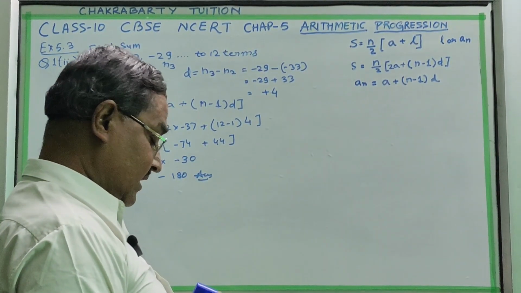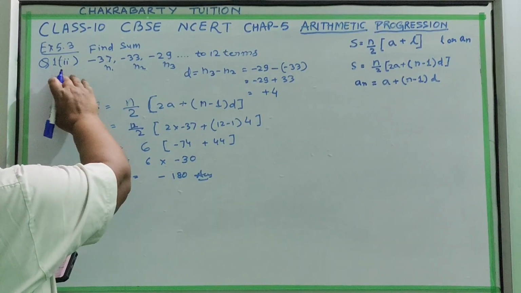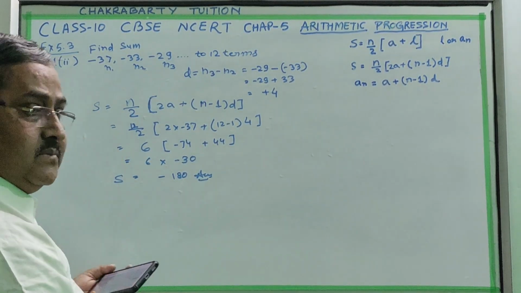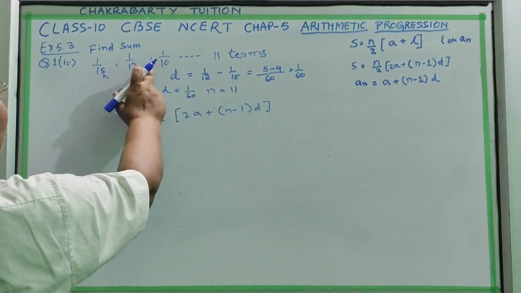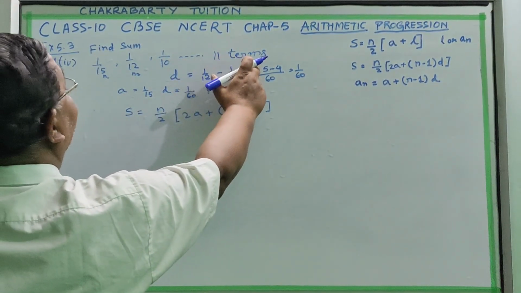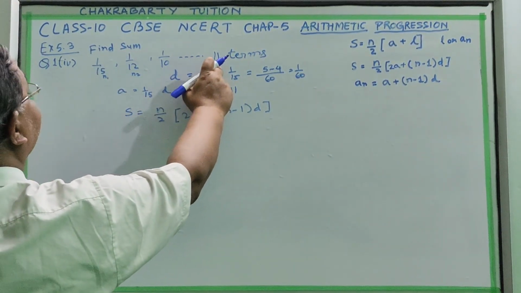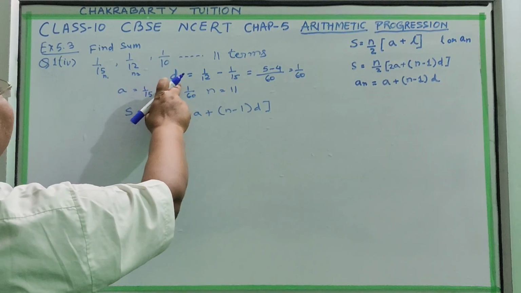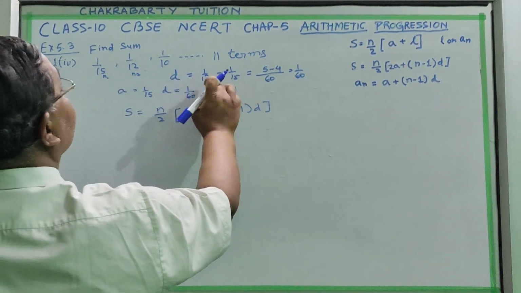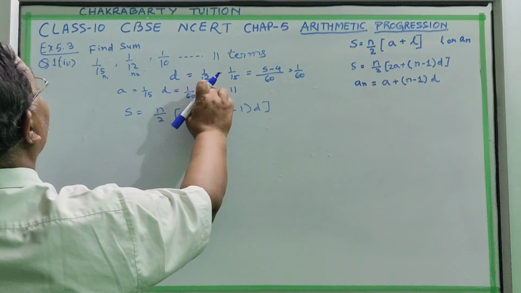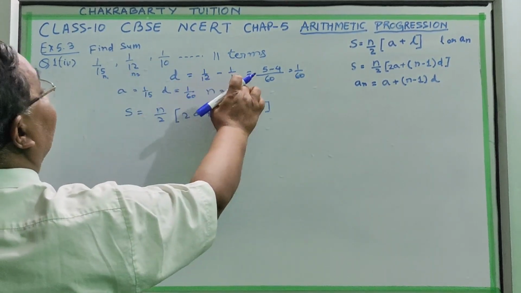Now we will go to another question. I have written the AP here up to 11, and you have to find the sum up to 11 terms. First we will find d. From the second term we will subtract the first term. The second term is 1 upon 12 and the first is 1 upon 15.